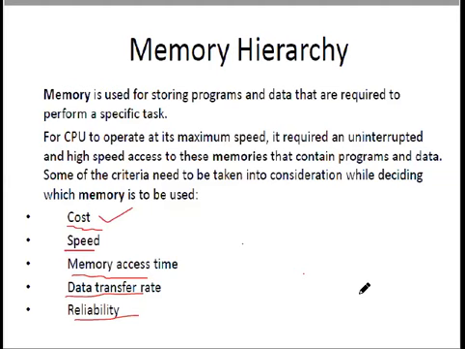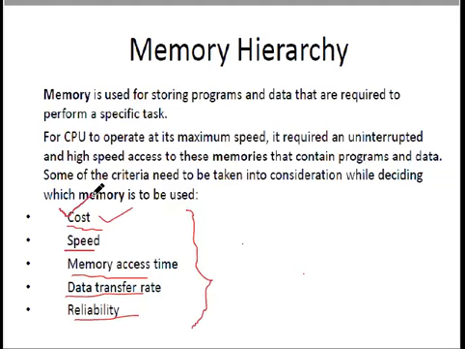First of all, memory is used to store the programs and data that are required to perform a specific task. But memory is classified into different types depending upon various parameters. These are the parameters which are taken into account while classifying the memory.